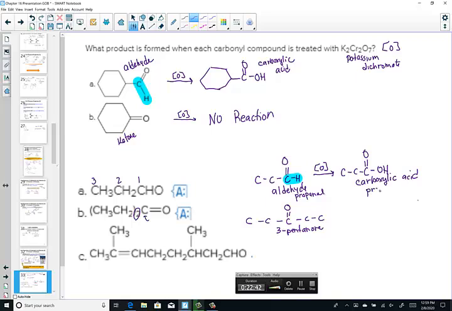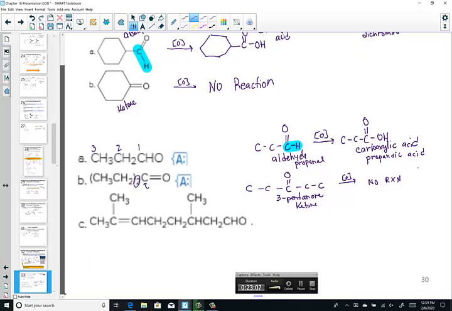This would be propanoic acid. Carboxylic acids coming up next chapter. Anyway, we notice that this is a ketone, and therefore ketones have no CH bond, so they do not have the ability to be oxidized, so no reaction.